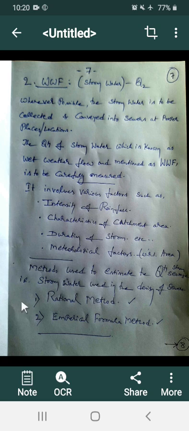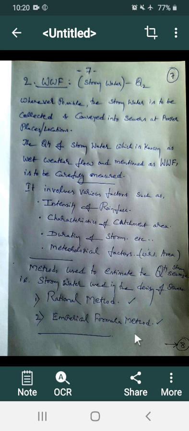Now, the methods used to estimate the quantity of storm water used in the design of sewers. The WWF can be calculated or estimated by using these two formulas.